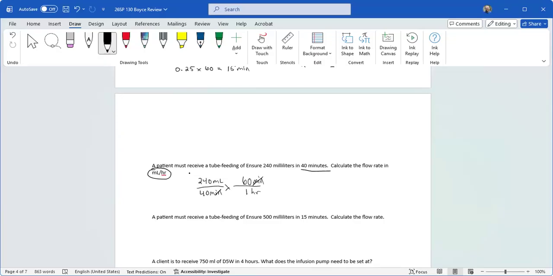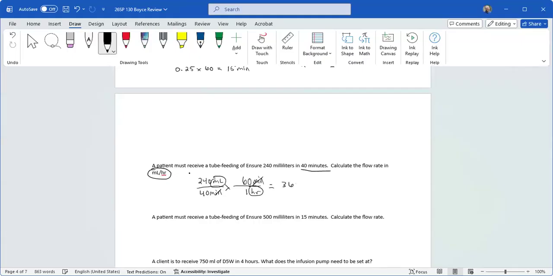Just make sure you're converting so that you're left with milliliters per hour before you answer your question. And then you just plug that into your calculator: 240 times 60 divided by 40, and we're going to get 360 mL per hour.